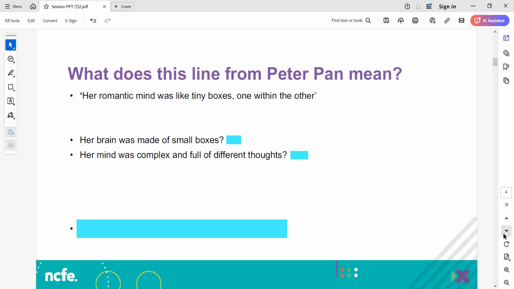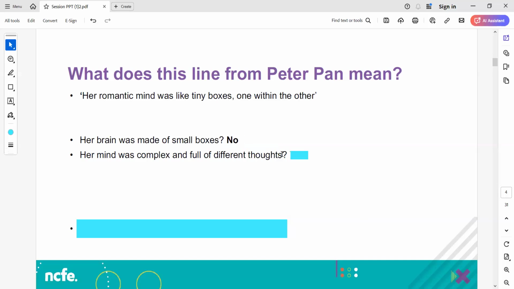And what does this line from Peter Pan mean? Her romantic mind was like tiny boxes, one within the other. So does this line mean that her brain was actually made of small boxes? No. Or how about her mind was complex and full of different thoughts?